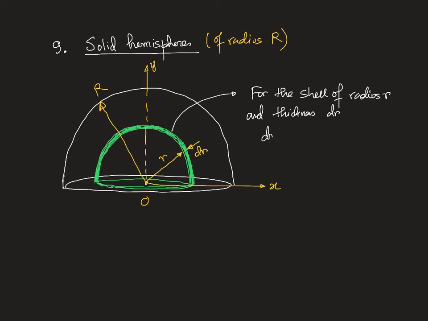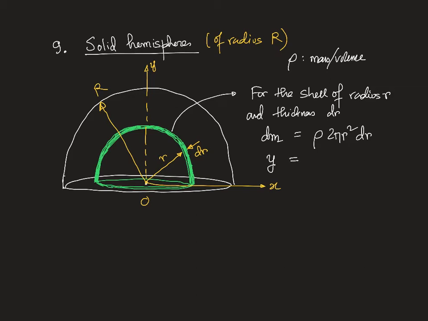mass dm, mass is how much? Rho, where rho is mass per unit volume. Here it's a 3-dimensional body, so mass by volume, mass density is rho. So rho multiplied by 2 pi r square times dr, right? And what about the y coordinate of this?